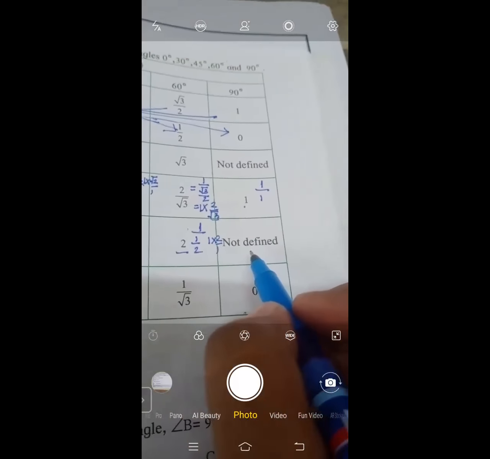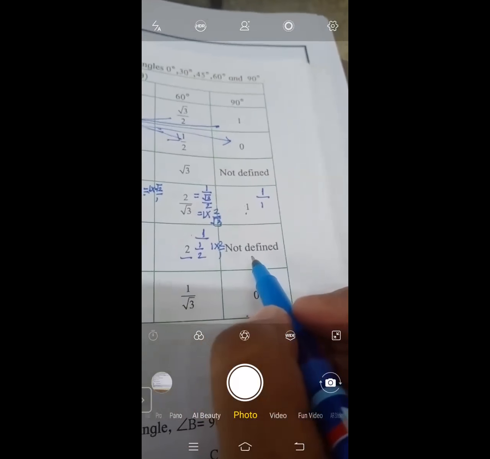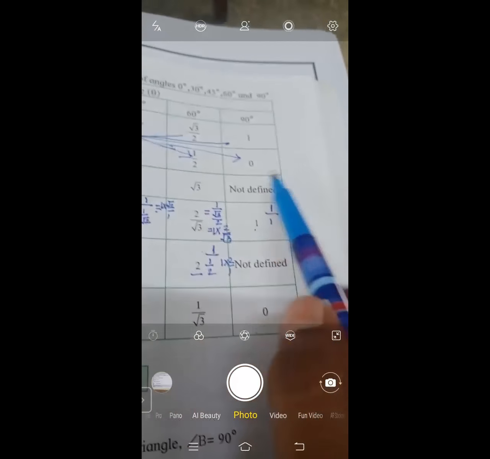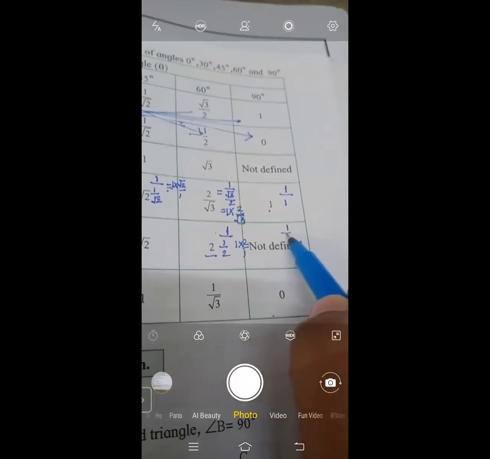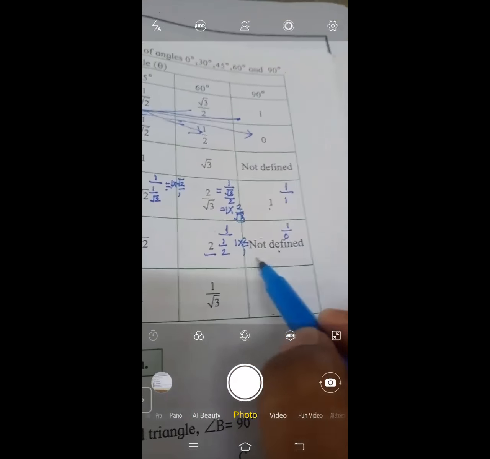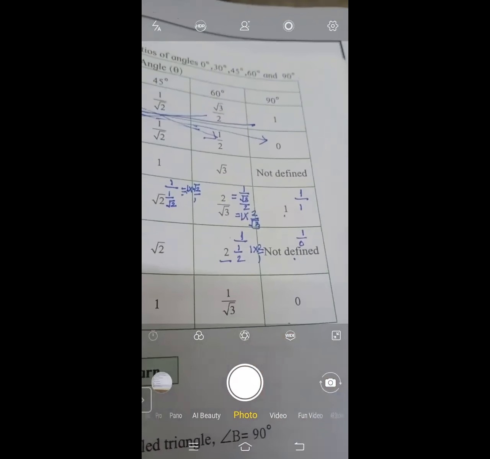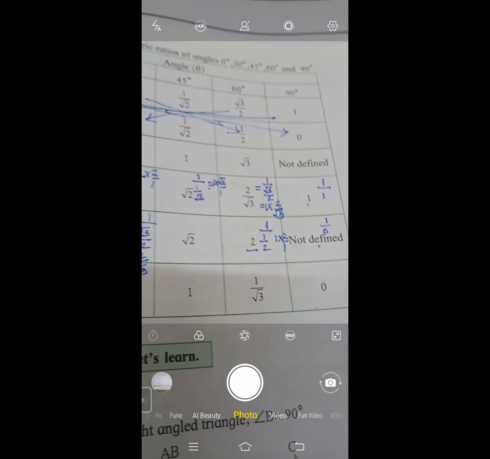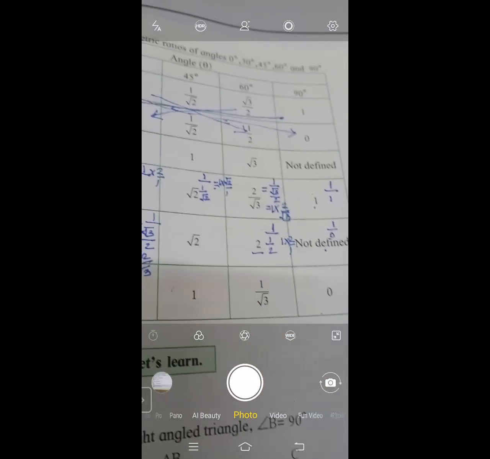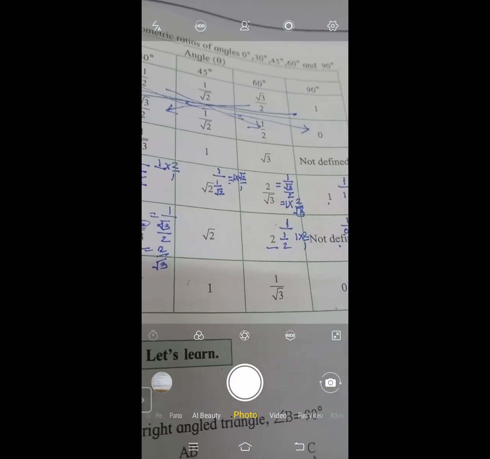Then for sec 90 degree, how can we formulate this? 1 upon cos 90. Cos 90 is 0, so 1 upon 0 is not defined, as 0 is in the denominator. The ratio goes till infinity, and we write that the ratio is not defined.